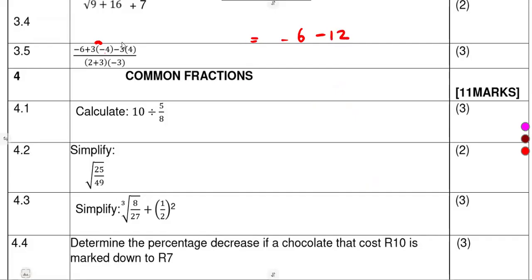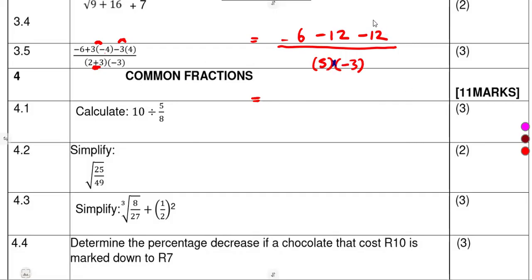Then here you multiply again, minus 3 times 4, that's negative 12, as it is like this. Everything over, we add these two. This is a bracket, 2 plus 3, which is a 5. In a bracket like this, there's another bracket of a negative 3. Remember, a bracket to a bracket means multiplication. You are going to multiply here.